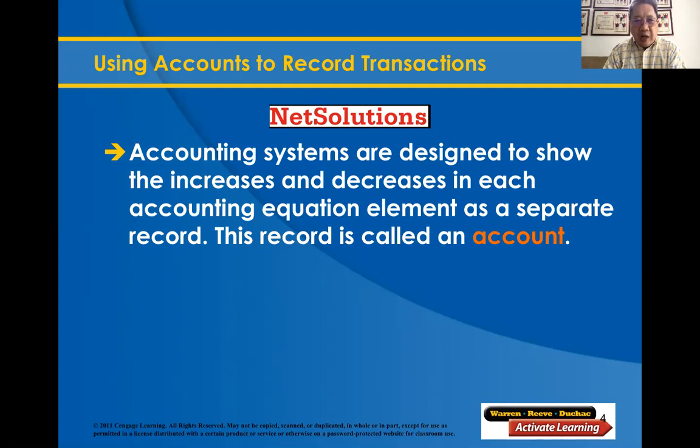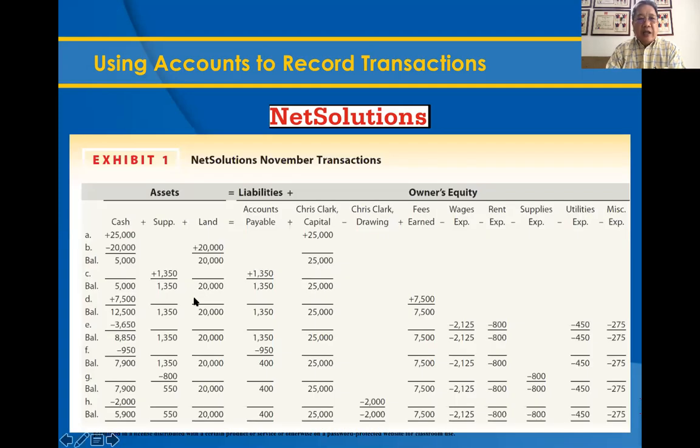Now, each account, cash, accounts receivables, accounts payables, the capital account, the income and the expenses accounts are recorded in each and every account. Ito yung nakaraan natin. If you still remember, this is the transactions for November of Net Solutions.